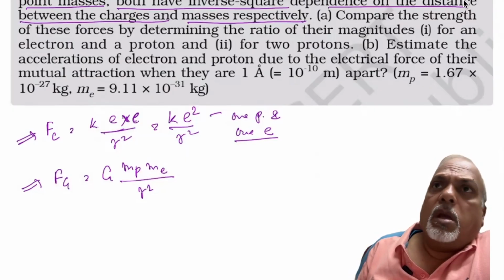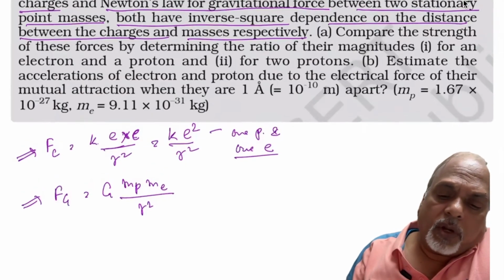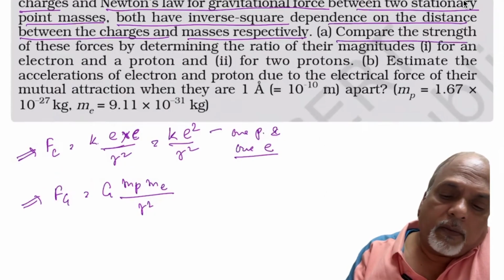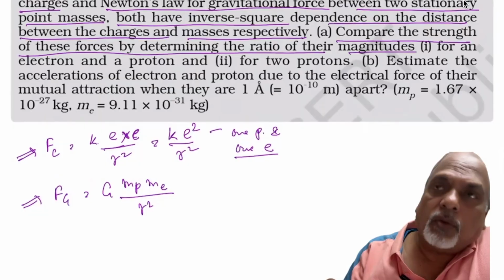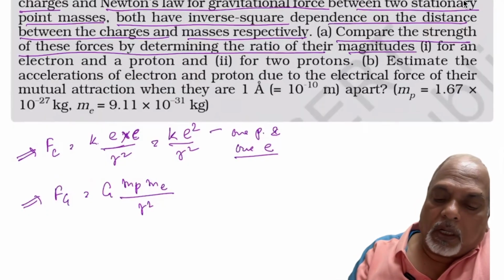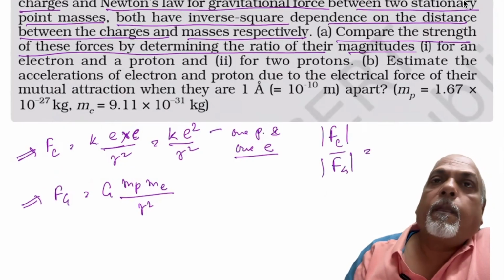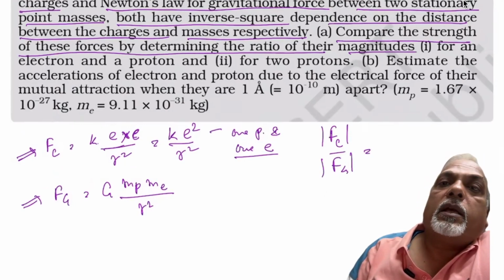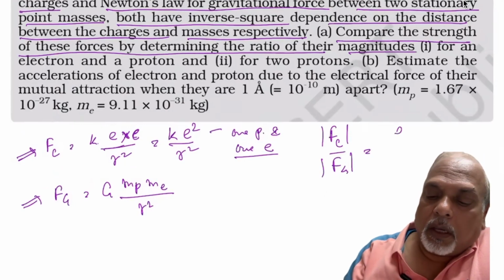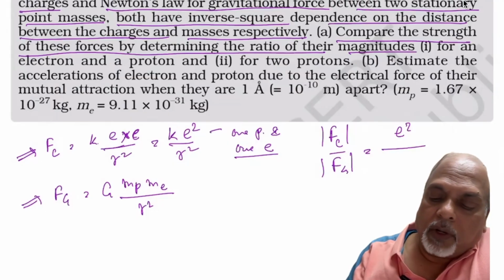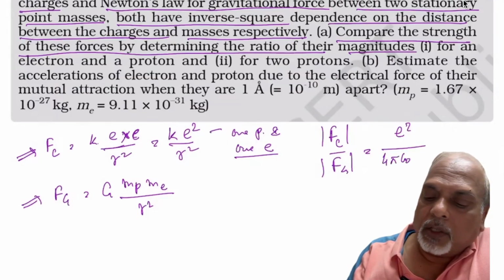So now let us see further. Compare the strength of these forces by determining the ratio of their magnitude. Now, if we compare these two magnitude wise, then here E square upon K, the value of K is nothing but 4 pi epsilon 0.